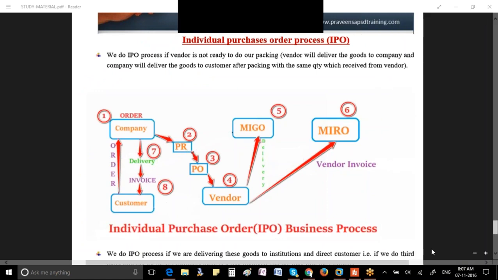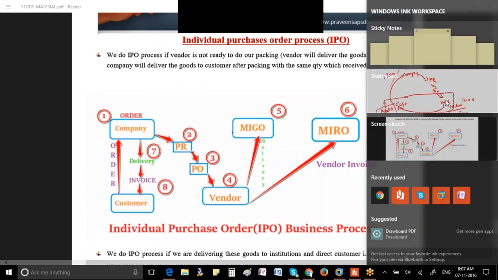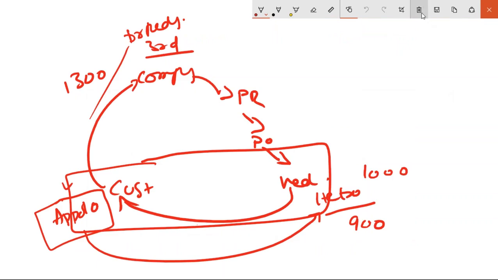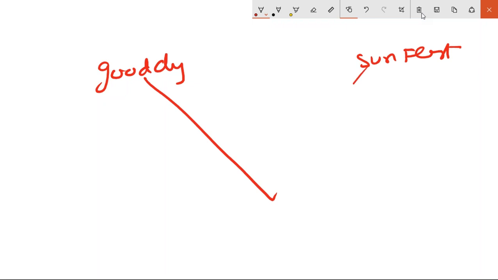The second reason why companies go for IPO process is this. You might be knowing, let's take Good Day Kaju biscuits, and Sunfeast also has Kaju biscuits. The manufacturer for both companies is the same, say some XYZ company.